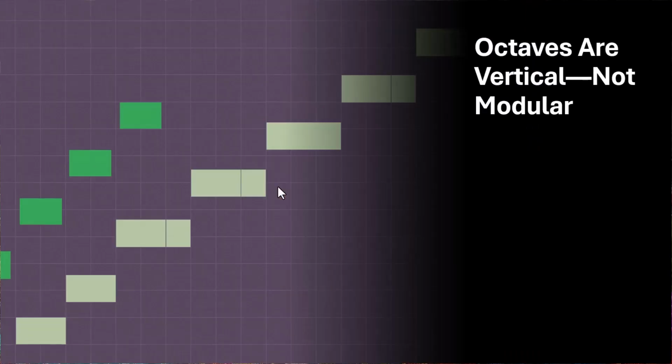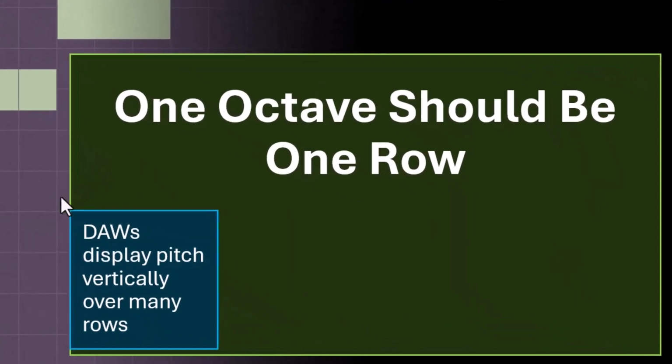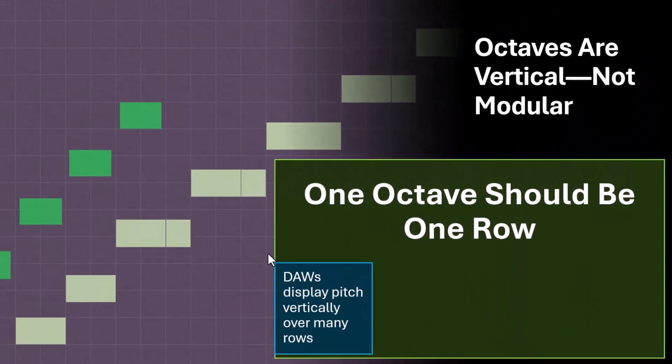So it would be nice if you can scrunch this down to one horizontal row, which we'll talk about. Octaves are vertical, not modular. So 1 octave should be 1 row. So what I could do is take that information and put it on 1 row, kind of like if you had tablature, or say you're writing a song and you just want to know the chords, and you just write the chords above the words in the song.